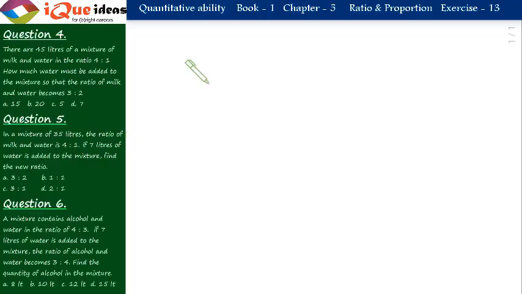Okay. Question number 4. It says 45 liters of a mixture of milk and water in the ratio 4 is to 1. So first of all, divide 45 liters in the ratio of milk is to water 4 is to 1. How will you do that?